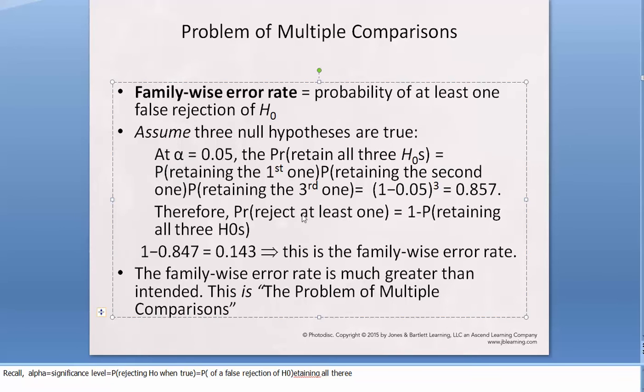Which means this probability will be 1 minus this probability. Now this probability is 0.857. So you will have 1 minus 0.857. Did I make a mistake? So yes, 1 minus 0.857.